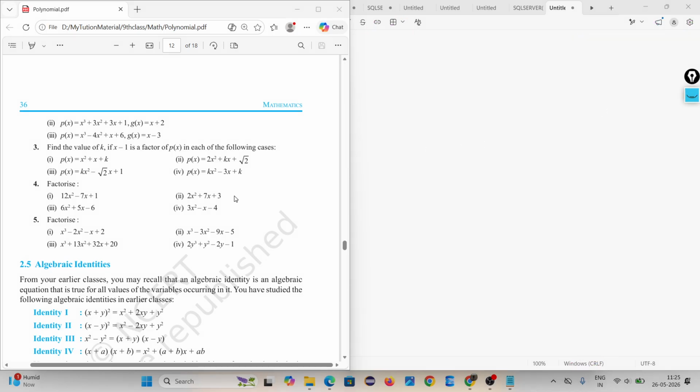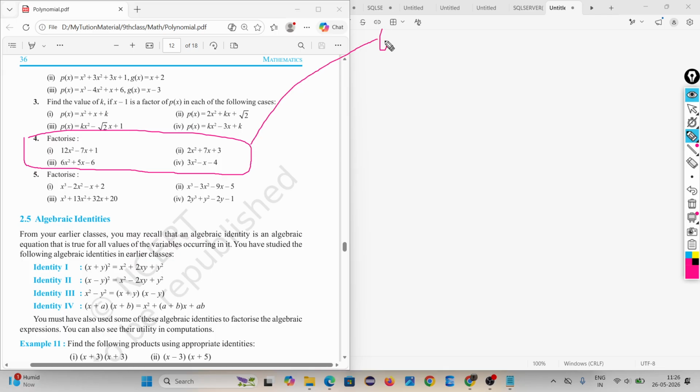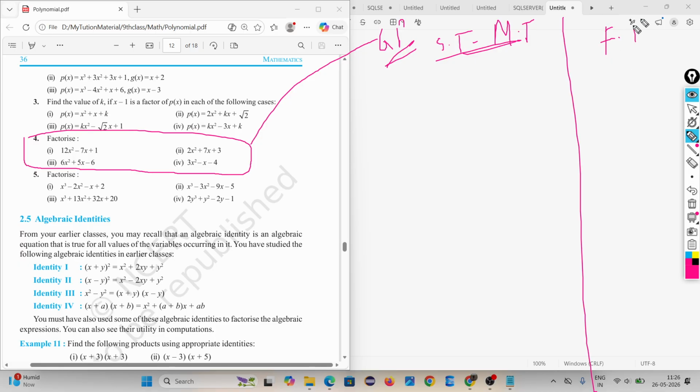Then come to the important part, that is factorize. Look, question number 4, all are quadratic polynomials. How many ways are there for solving a quadratic polynomial? 2. One is splitting the middle term, otherwise factor theorem.